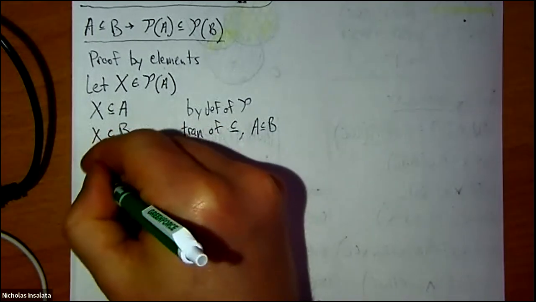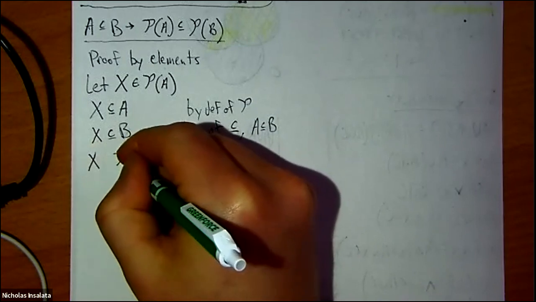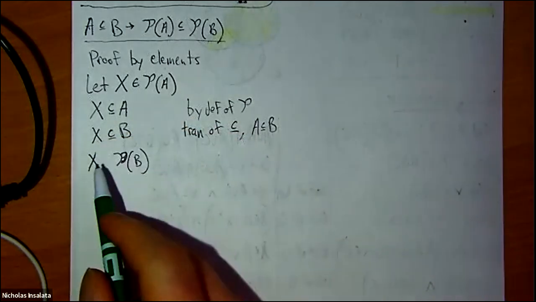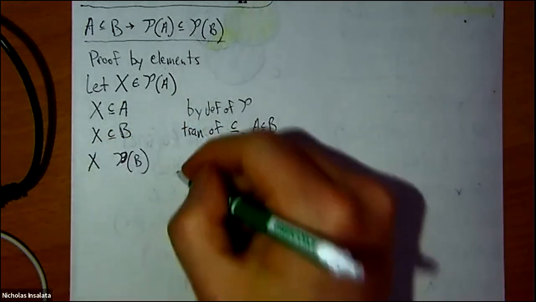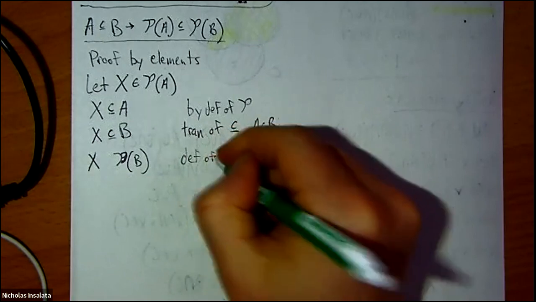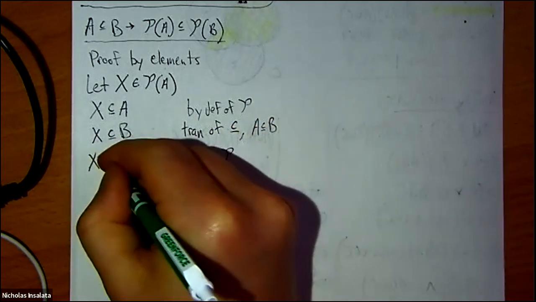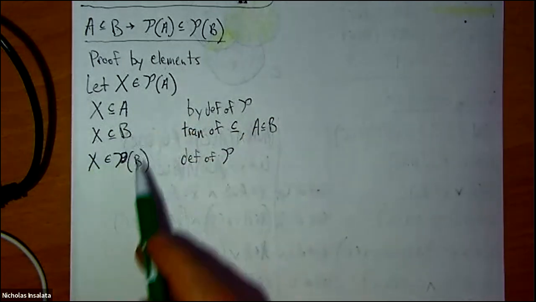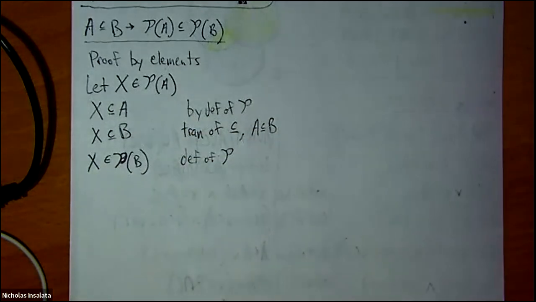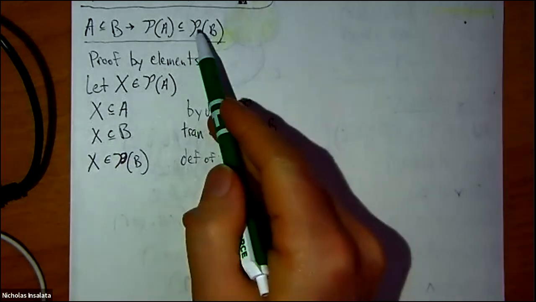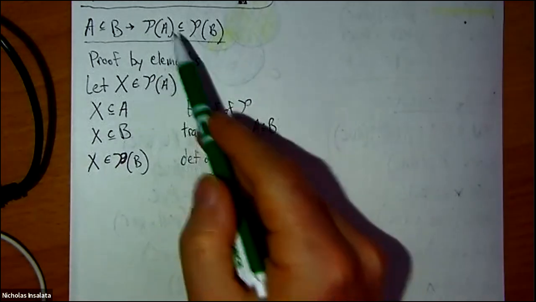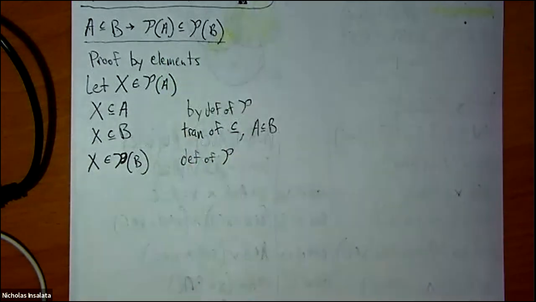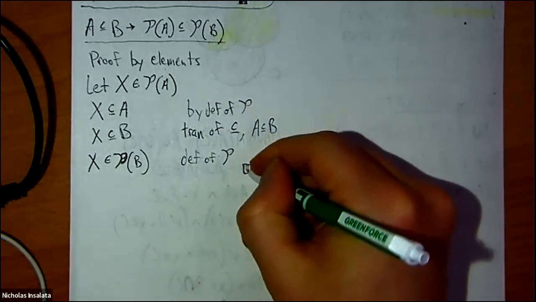It's not X is contained in the power set of B. Oops, power set of B. We need a different operator in the middle. Yeah, element. Good. X is an element of the power set of B, right? If X is contained in B, then it's an element of the power set, which is exactly what we needed. We started off with something in the power set of A. We showed that that thing must be in the power set of B. So the power set of A is contained in the power set of B.